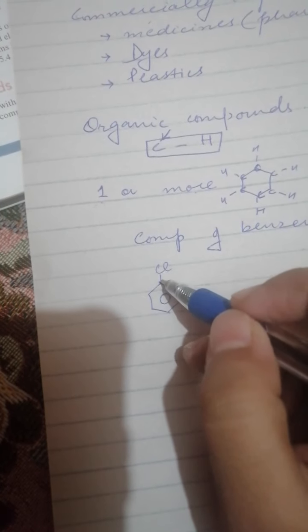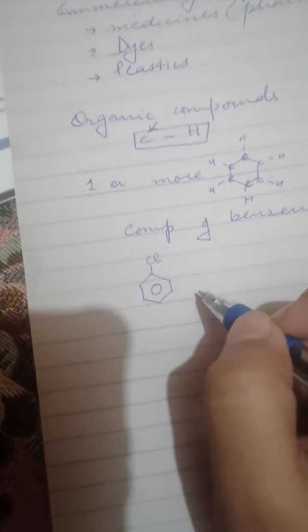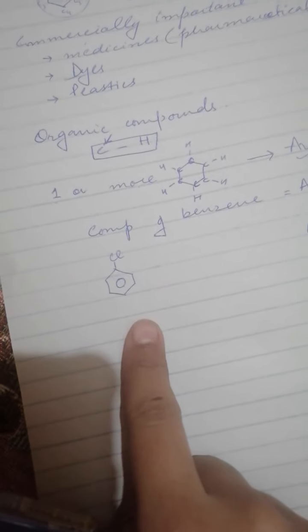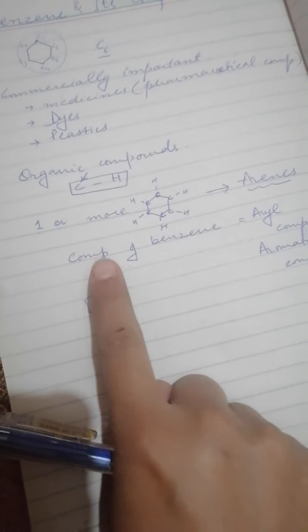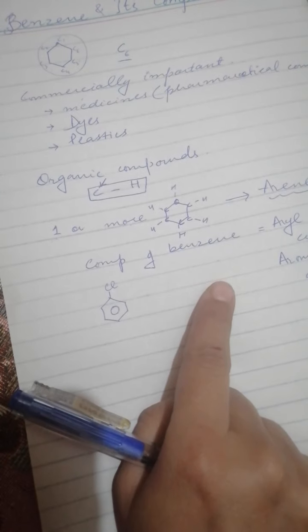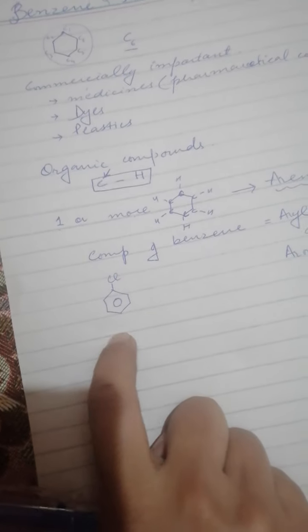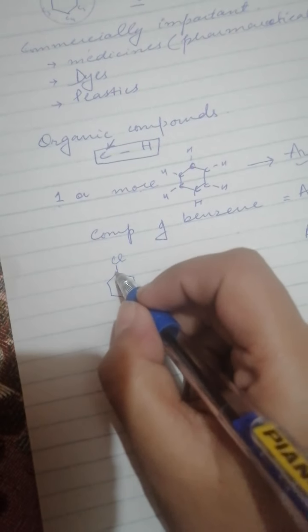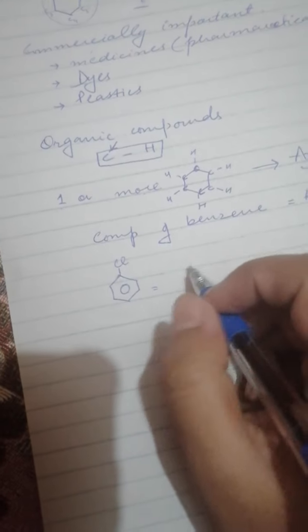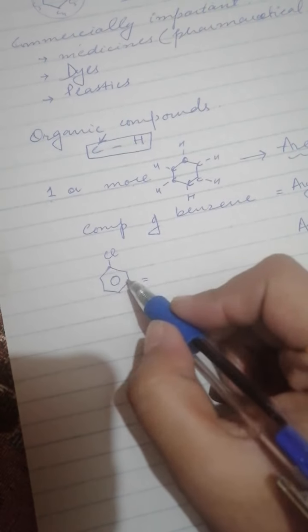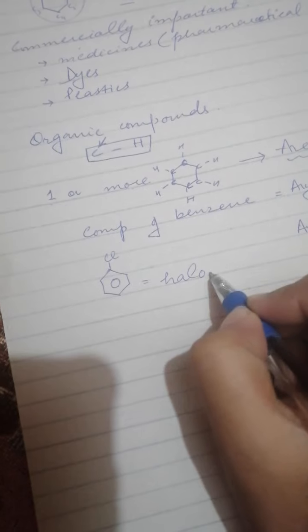Benzene with chlorine attached to it is known as chlorobenzene, and this is one of the aromatic compounds. It contains a halogen on the benzene ring, so we can name this compound a halogenoarene.